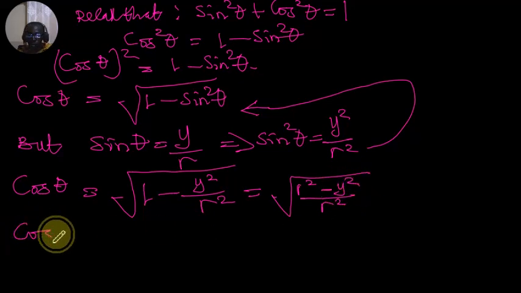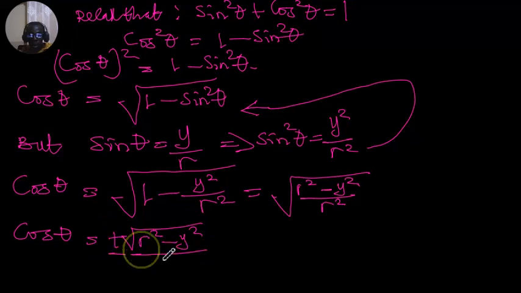So cos theta, you can split the square root from side to side. You have the square root of r squared minus y squared, put plus or minus here, over the root of the other part, which is r squared.